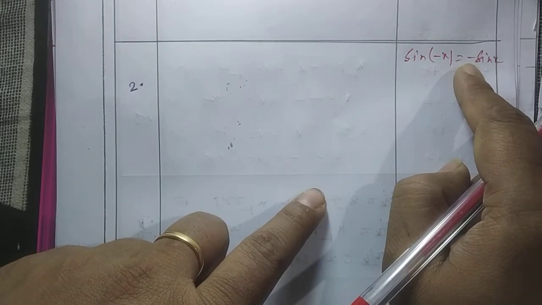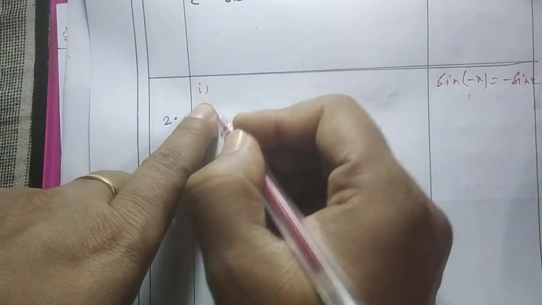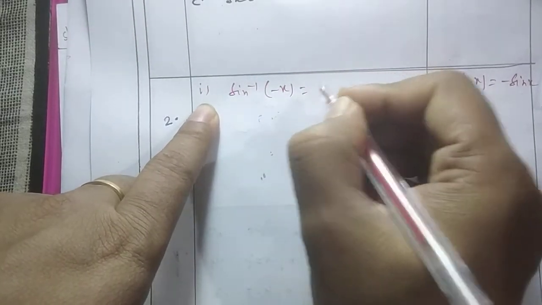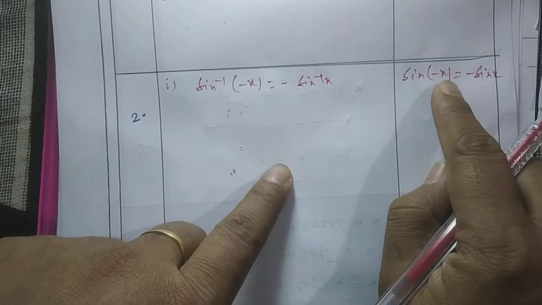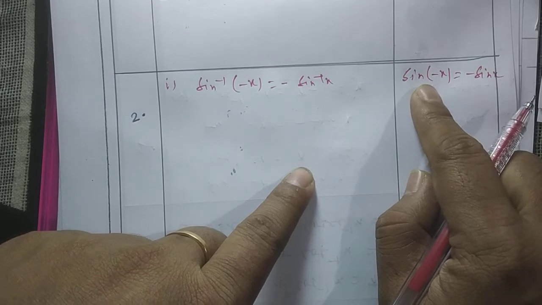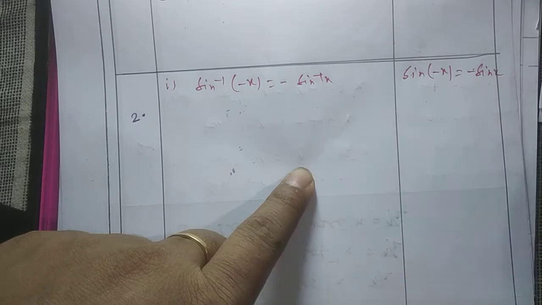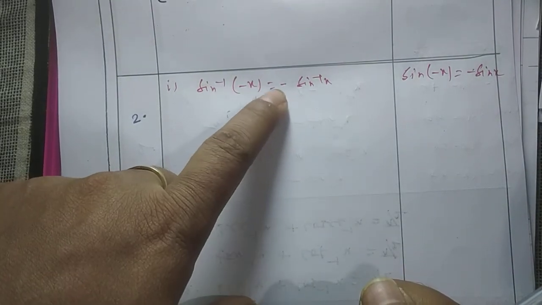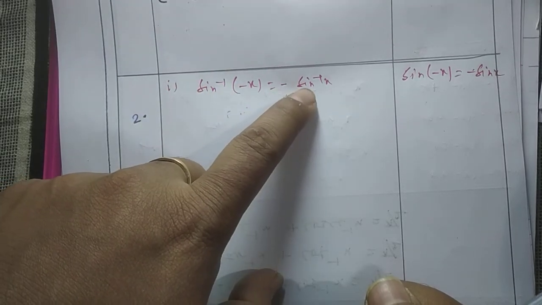Similarly, here we shall have sin inverse of minus x equal to minus of sin inverse x. Just remember from class 10, sin of minus x equal to minus sin x, that means the minus will come out to the outside. Similarly, in the case of inverse also the minus will come out to the outside. So it will be minus sin inverse x.